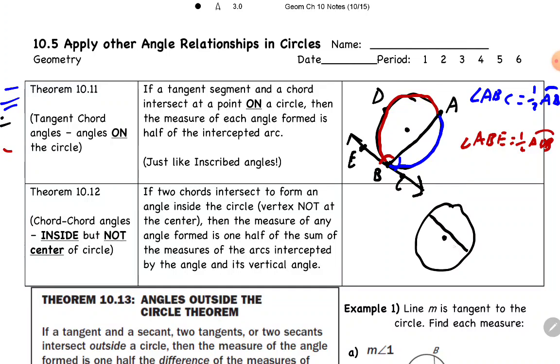Let's call these C, D, A, and E. If two chords intersect to form an angle inside the circle, not at the center of the circle, then the measure of any angle formed is half the sum of the measure of the arcs intercepted.